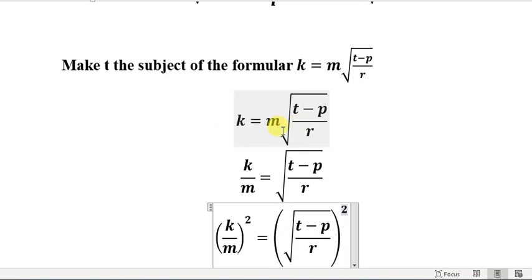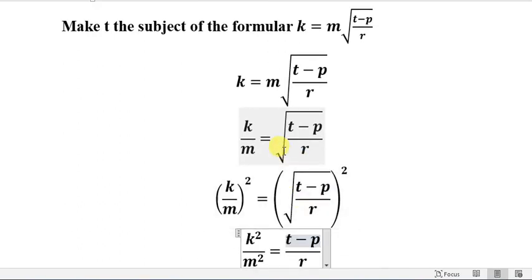Therefore, dividing the right side by m will nullify m, whereas we have the left side to be k over m, now equated to the radical or the root of t minus p over r. We are a bit closer to unraveling or making t the subject.